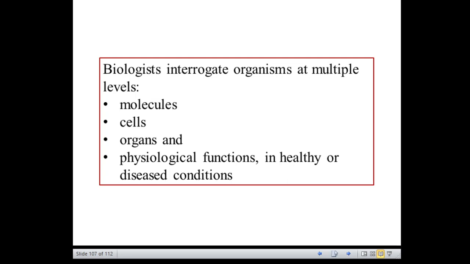The first two, and in some instances the third one, of these levels of organization can be studied using in vitro approaches. If you want to understand the molecules, the cells, or even the organs sometimes, there is an alternative approach, that is the in vitro approach, through cell culture.